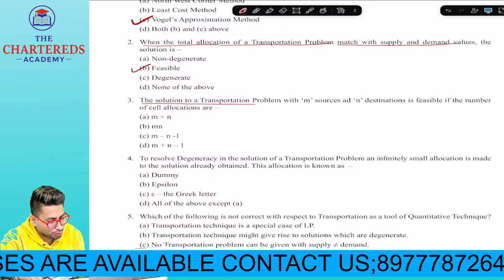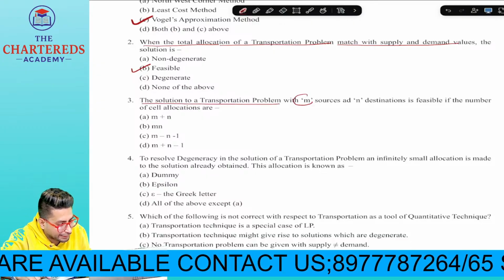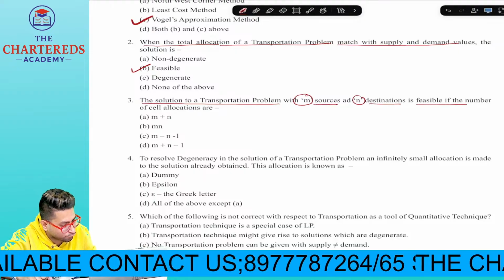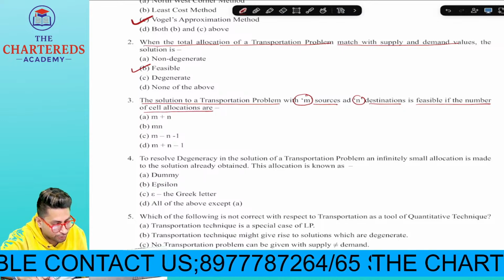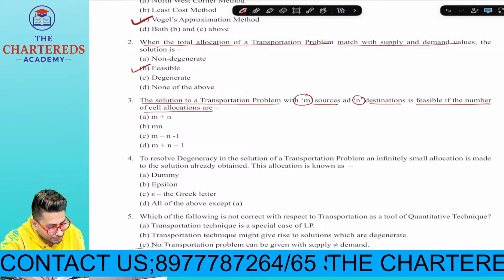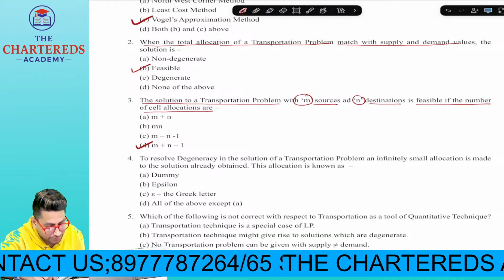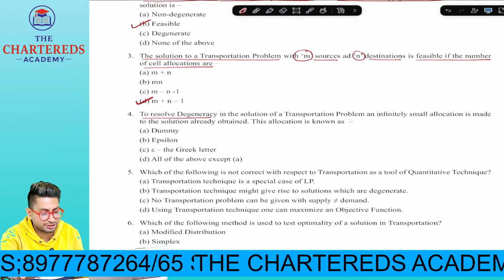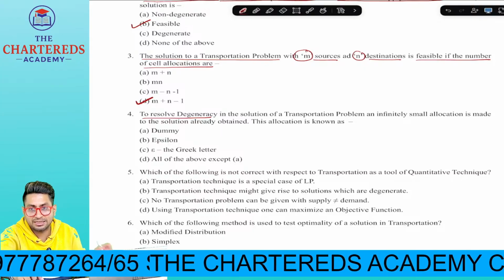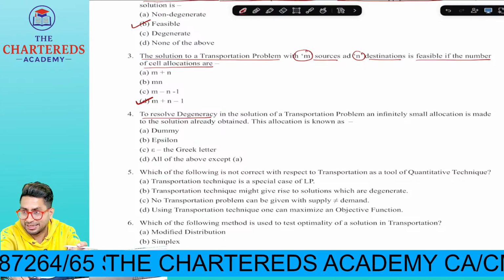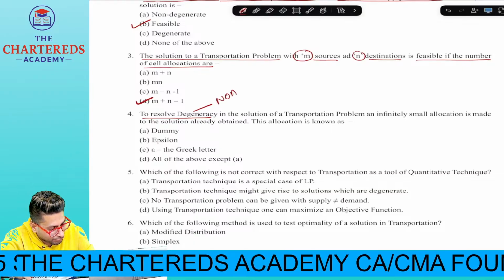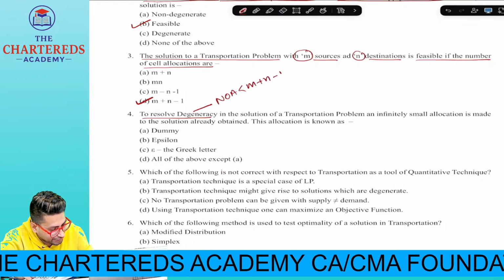The solution to a transportation problem where M is sources and N is destinations is feasible if the number of allocations is equal to M plus N minus 1. D. To resolve degeneracy. Degeneracy means a situation where the number of allocations is less than M plus N minus 1.